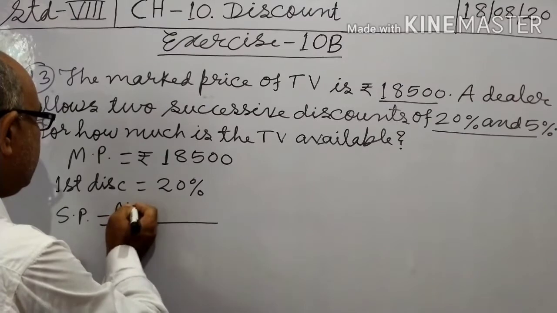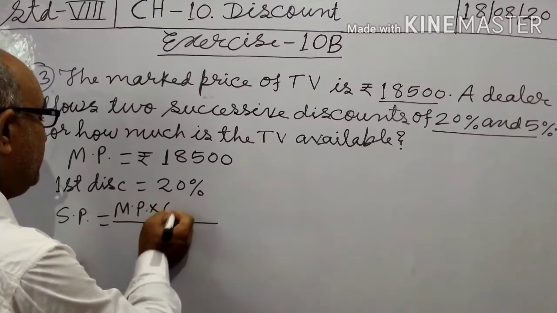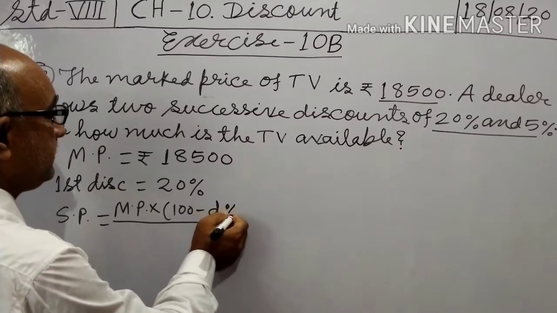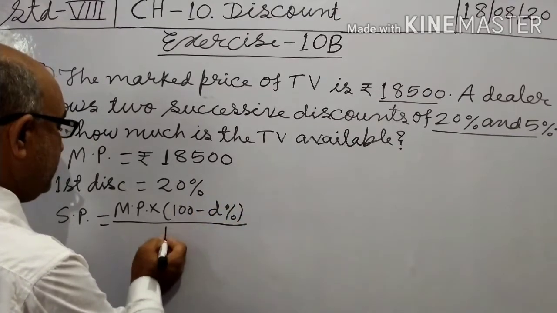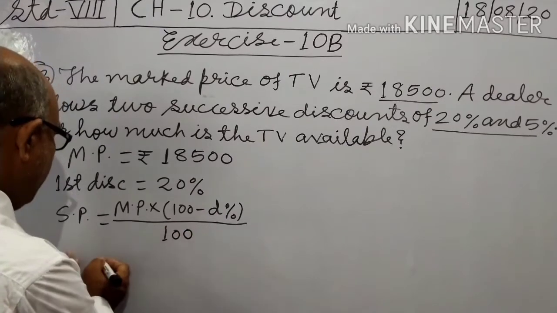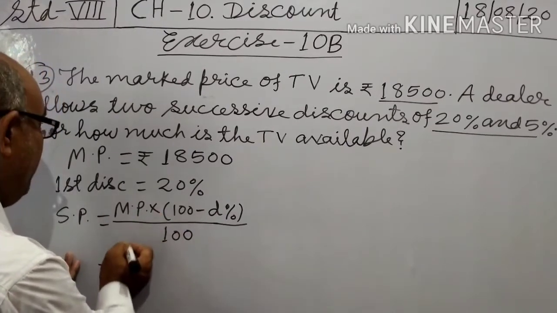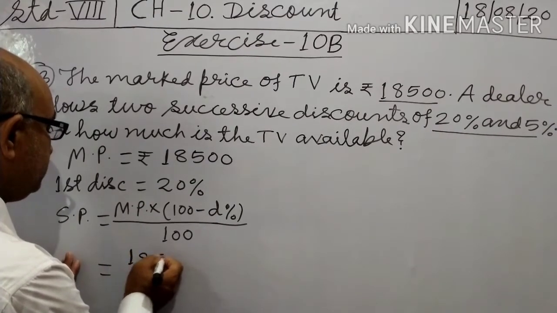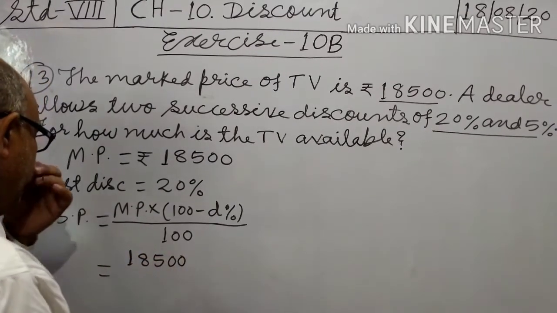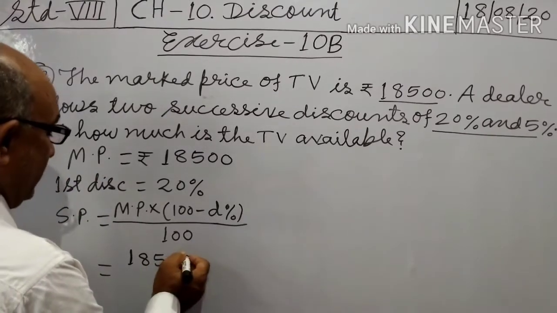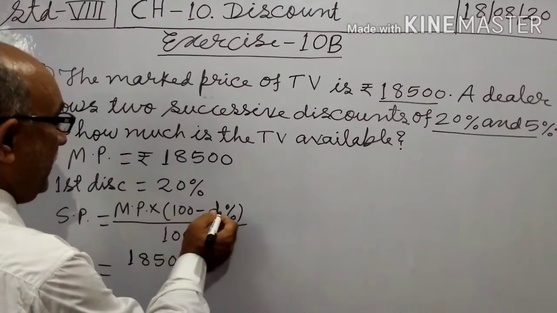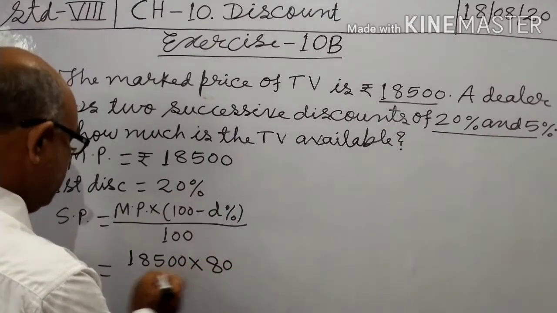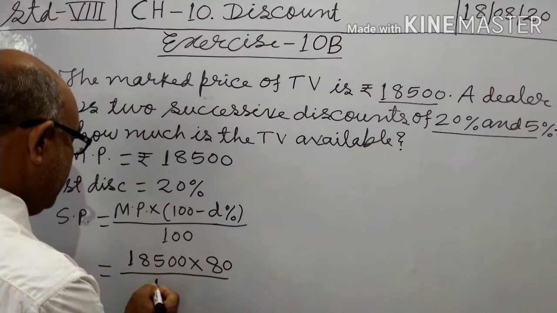Formula is MP into 100 minus discount percent by 100, MP is rupees 18,500. Multiply 100 minus 20, so 80, divided by 100.